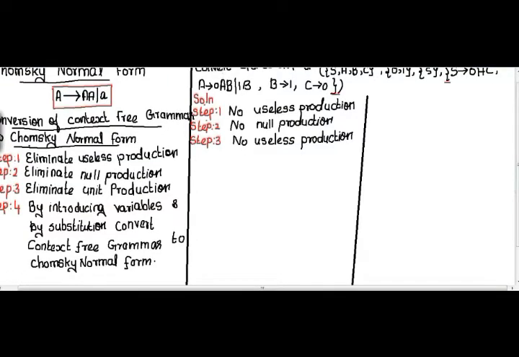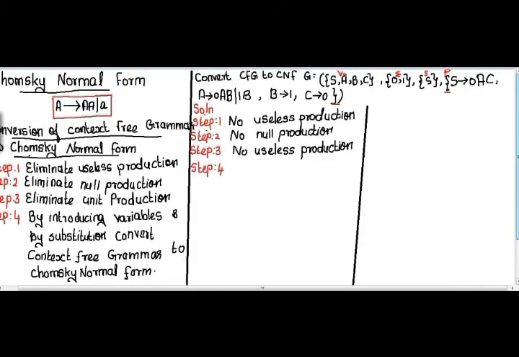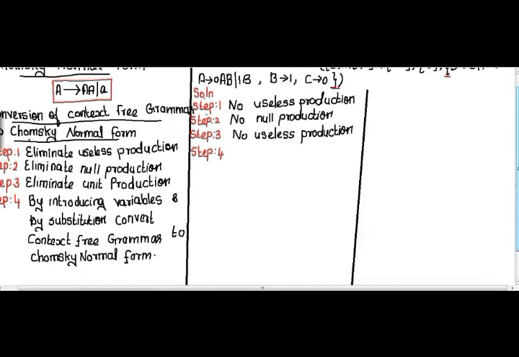So I am going to step 4. Simultaneously I am going to write the resultant productions, that is, after conversion to Chomsky normal form. Let me write all the parts of this grammar G dash: set of non-terminals, set of terminals, set of production rules, and start symbol.